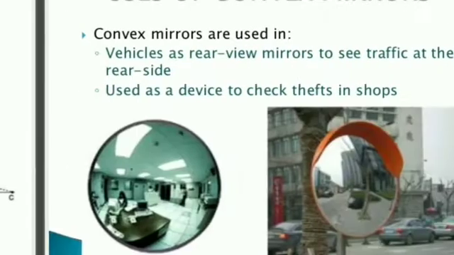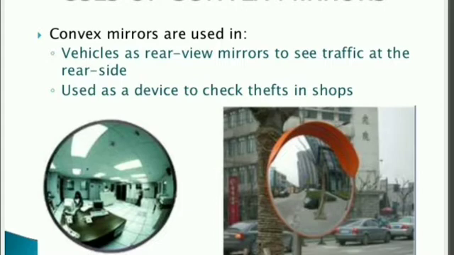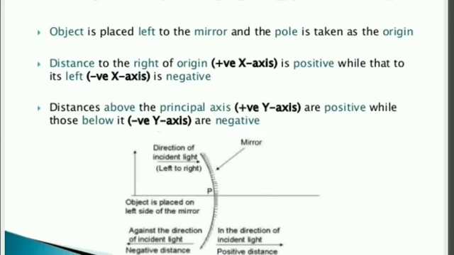Then uses of convex mirror. They are used as rear view mirrors, as well as by shopkeepers for checking thieves in the shop. Third, if we want to see the image of a larger object on a small screen, then we can easily use a convex mirror.